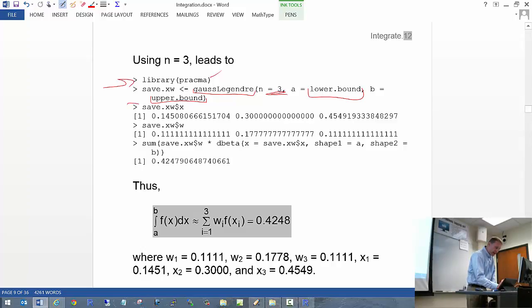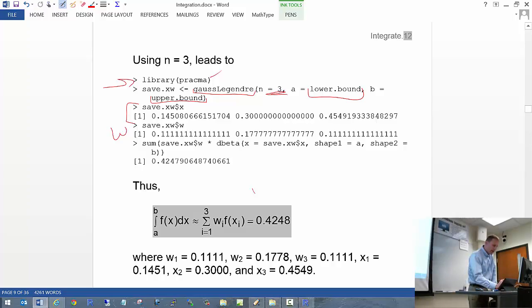Then your x values that you're going to be evaluating your function of interest at are automatically calculated for you. So 0.145, 0.3, and 0.454. And then you also have your weights automatically calculated for you.